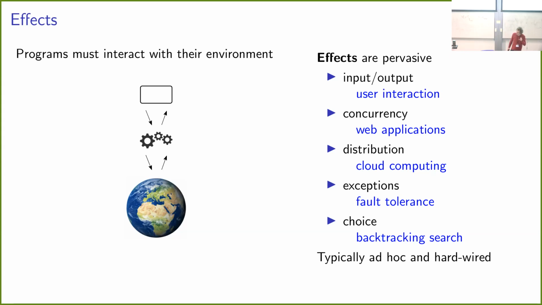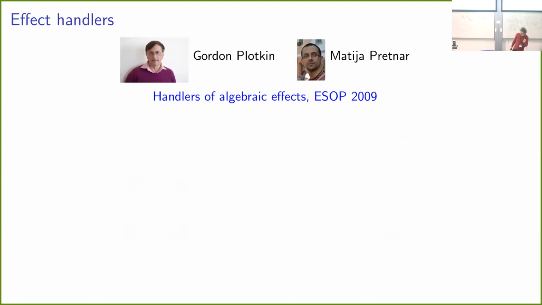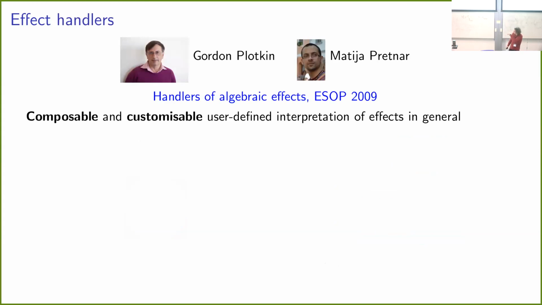And that's what I call an internal effect. So in particular, effect handlers allow us to define effects inside the programming language. And that will become much clearer very soon.